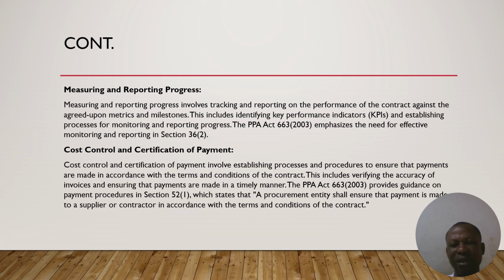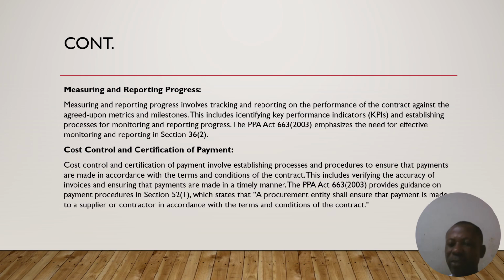So it's clear that in contracts or projects, we have certain indicators that we set. We have certain key performance indicators you are expecting. And that is what we use as our guide to check the contract as and when the contractor is executing the task.